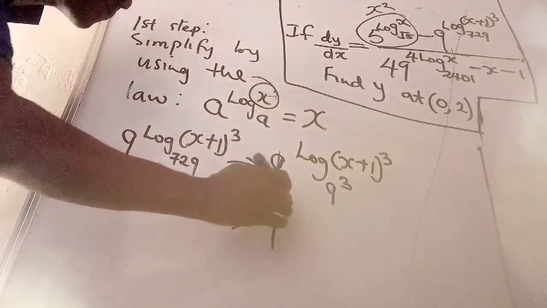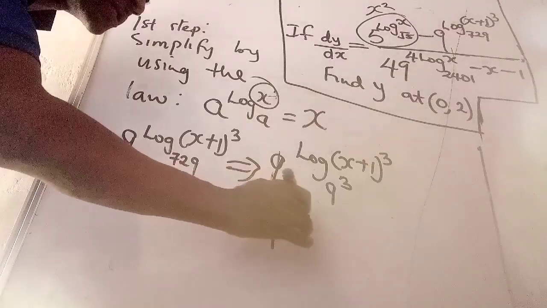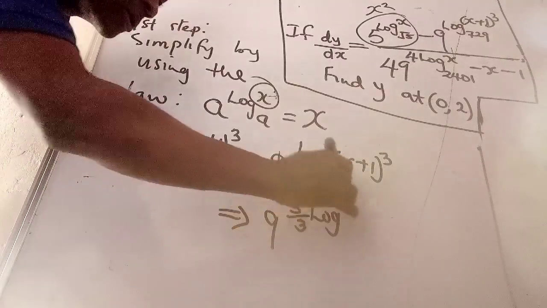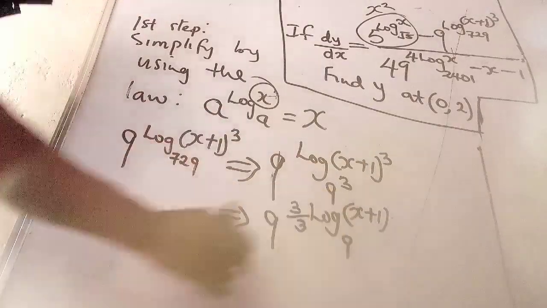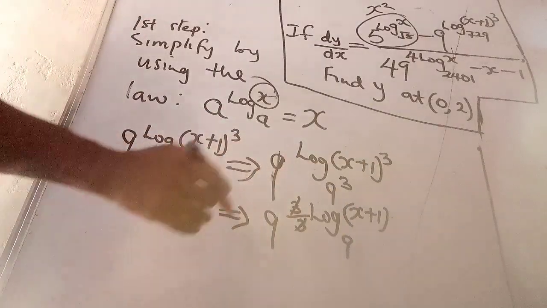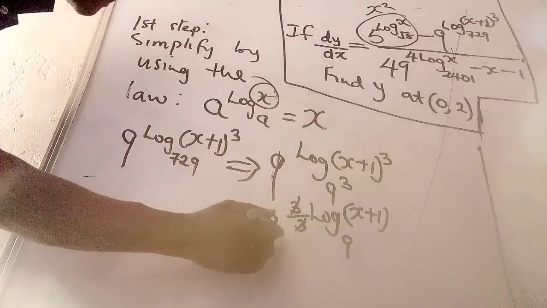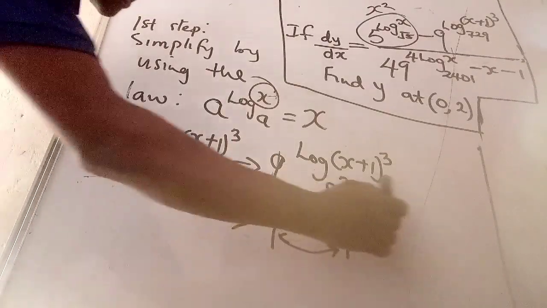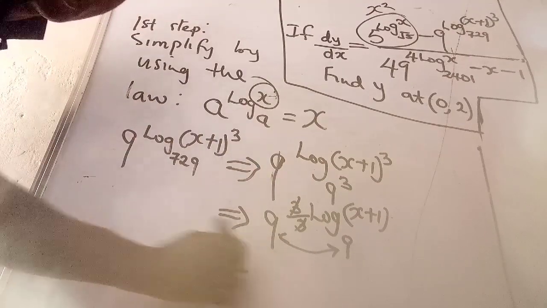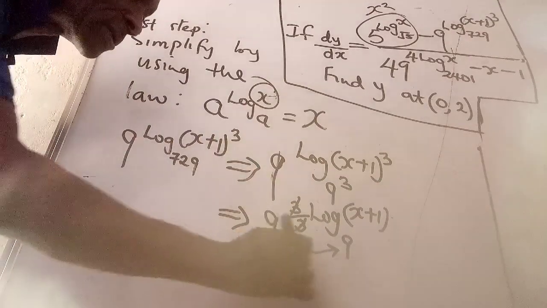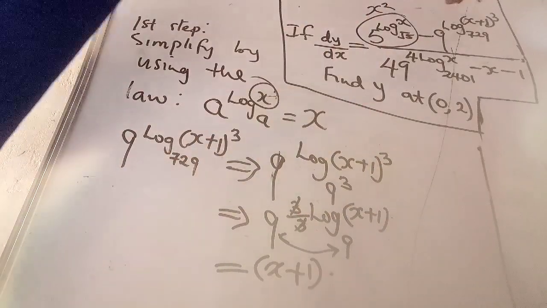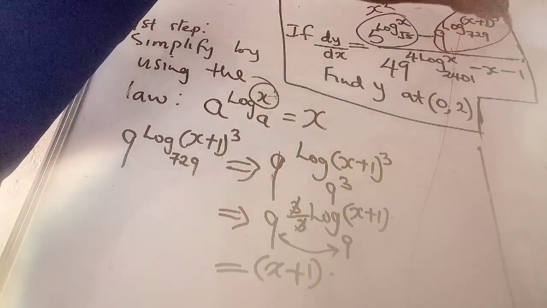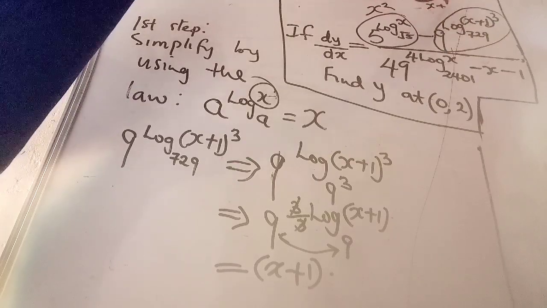We have 9 raised to power 3 over 3 log open bracket x plus 1 to base 9. 3 over 3 is 1. So definitely, since these are the same, our result will be x plus 1, which is this. So the whole of this has become x plus 1.